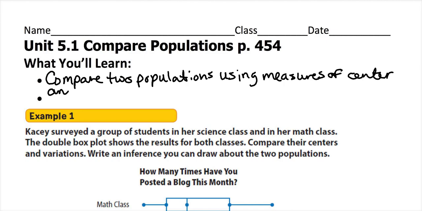And I'll refresh you on what those are here just a second. You guys have covered this before. And then compare two populations when only one is symmetric.